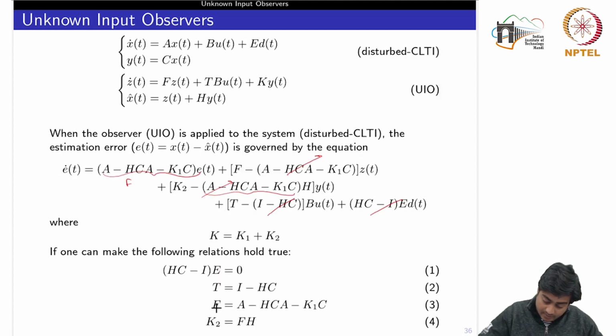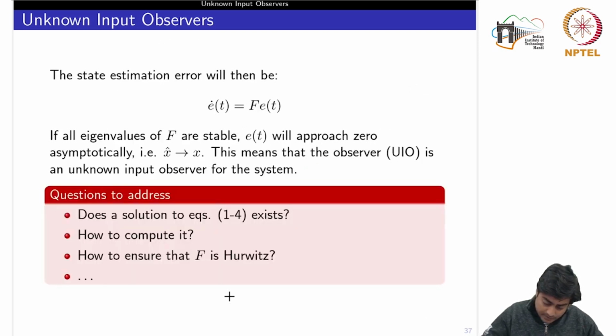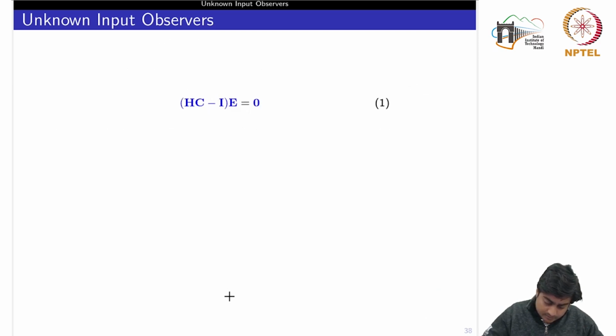This basically comes from this part. So we do not know yet how to design this H and K such that my F becomes a Hurwitz matrix, right? We'll see the answer to these questions by taking the equations one by one.